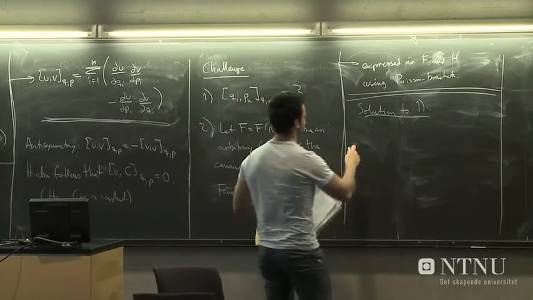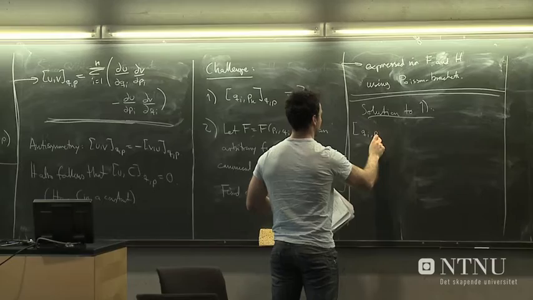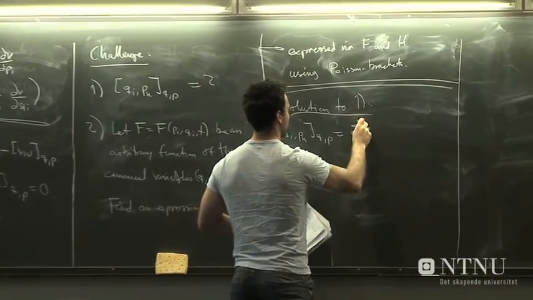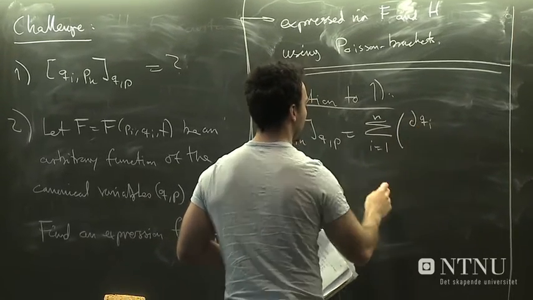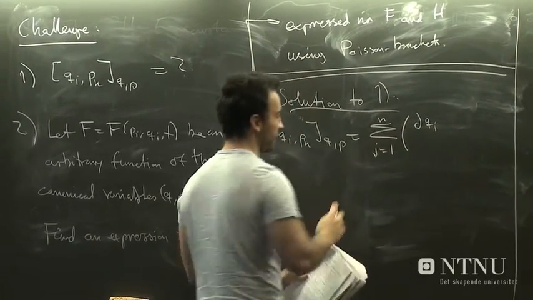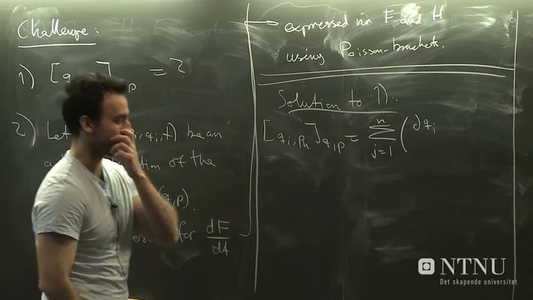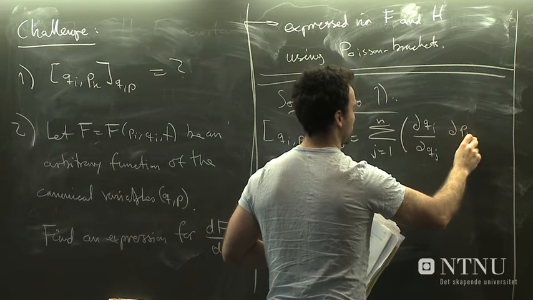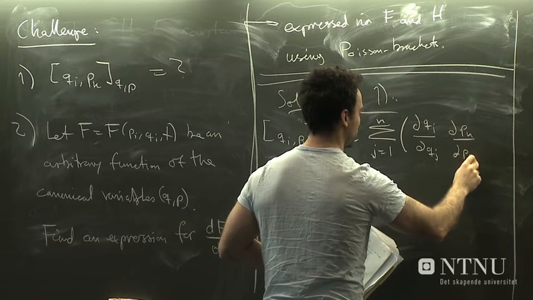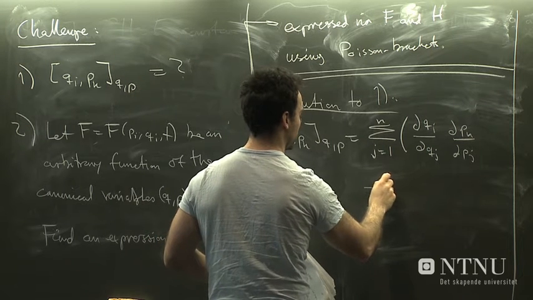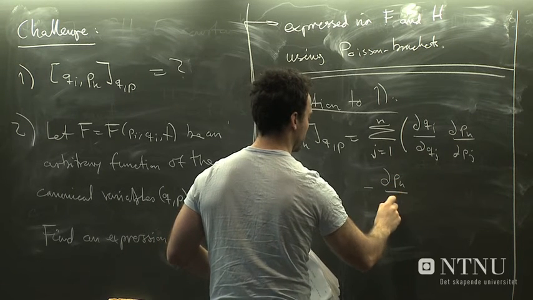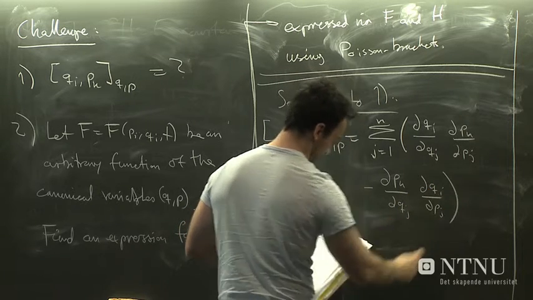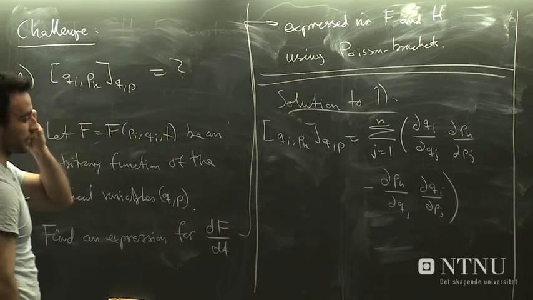So we obtain, and I should use a different index here, j for instance, as a summation index, something like this.